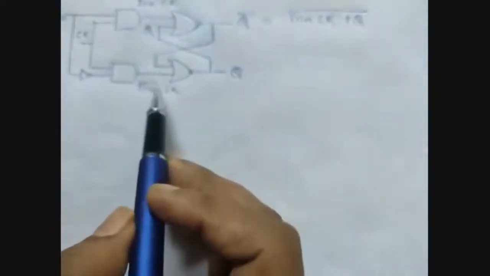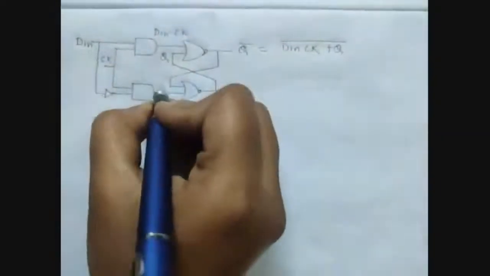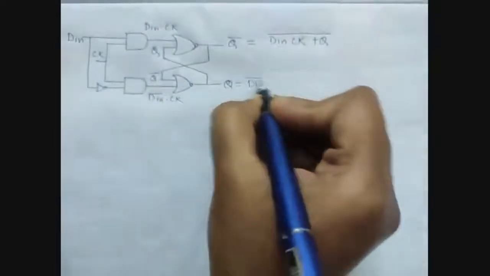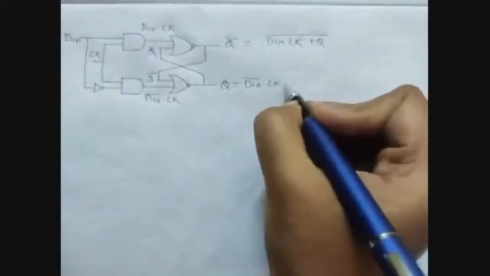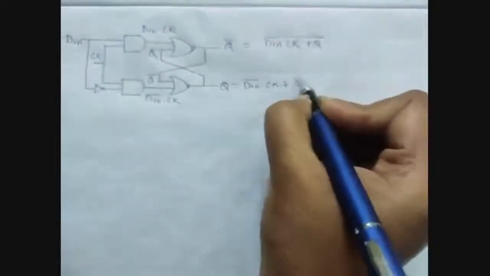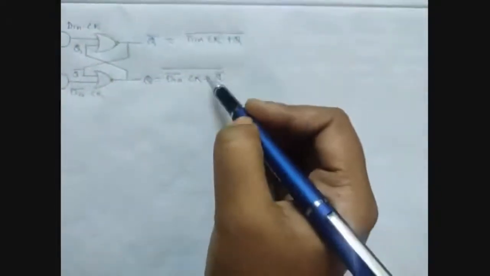And to this NOR gate one input is given D in complement into CK and to the other input we give Q bar. So at the output we get (D in bar into CK plus Q bar) whole complement. Now we use these two equations to draw the D latch using CMOS logic.